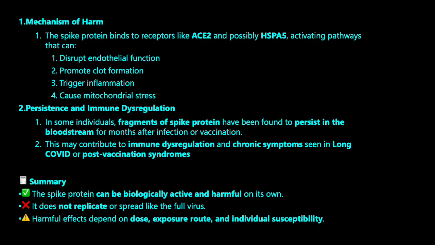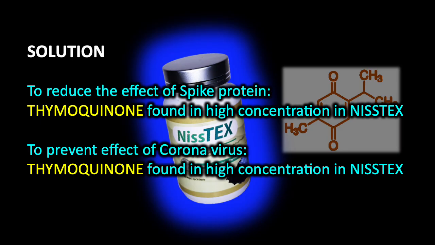Okay, this may contribute to the immune dysregulation and chronic symptoms seen in long COVID and post vaccination syndrome. Okay, in summary, the spike protein can be biologically active and harmful on its own. It does not replicate or spread like the full virus, but its harmful effects depend on the dose, exposure route, and individual susceptibility. Okay, it's different from individual to individual.